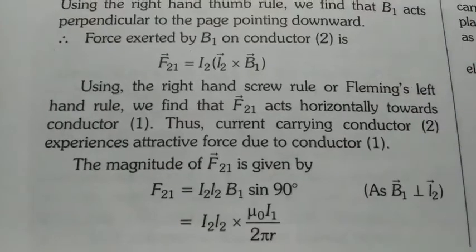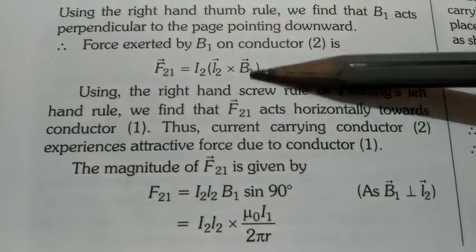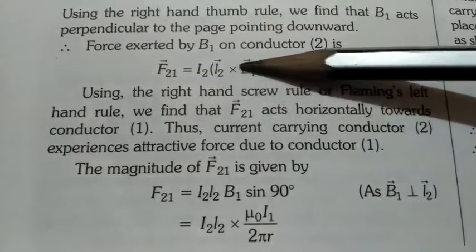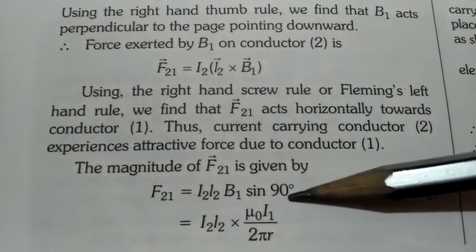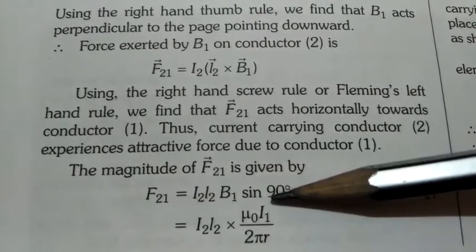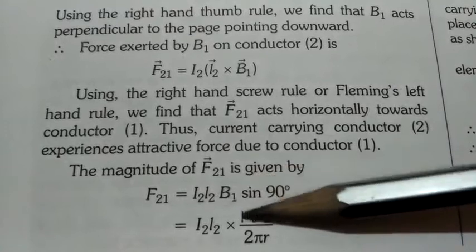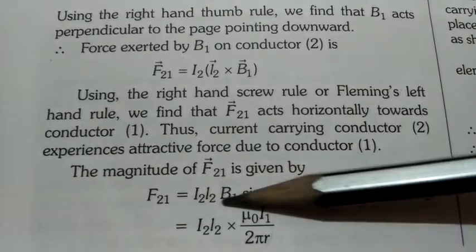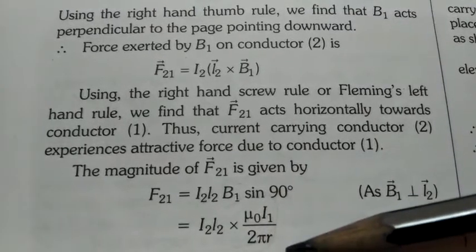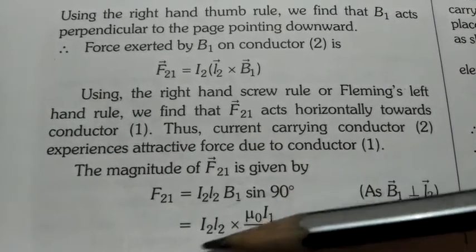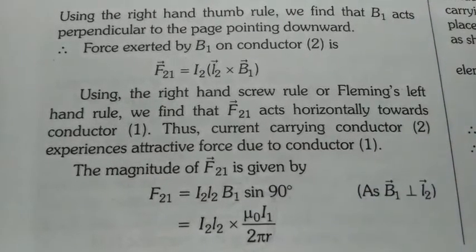Now between L and B there is an angle of 90 degrees. So L cross B can be written as LB sine theta. In place of theta we put 90 degrees, so sine 90 equals 1. When we put the value of B1 and rearrange, we get I2 L2 into mu naught I1 upon 2 pi r.